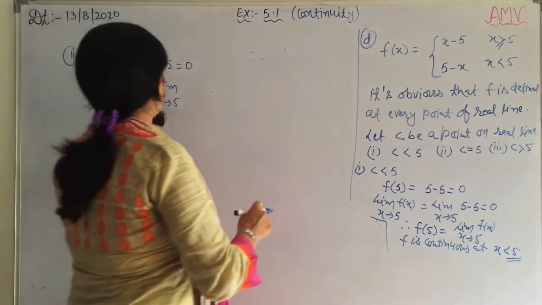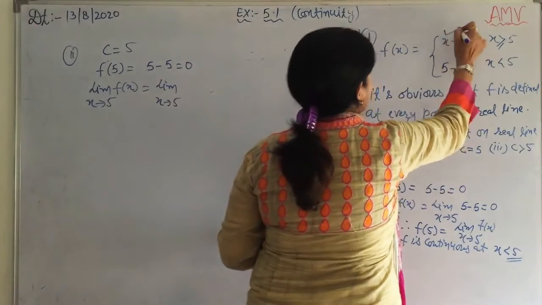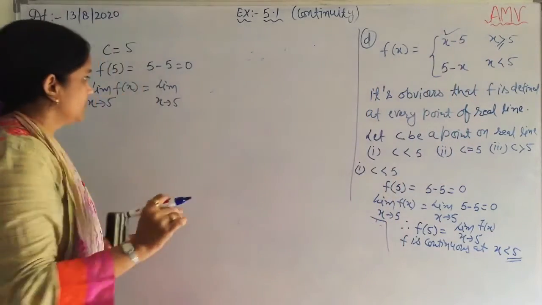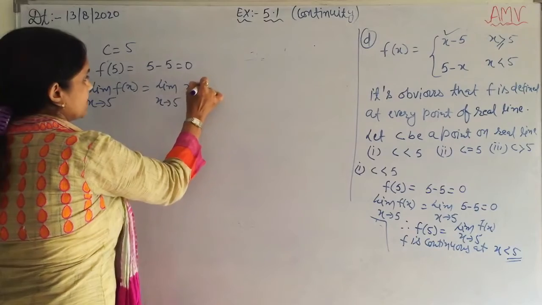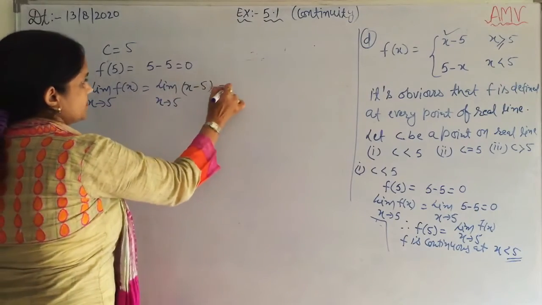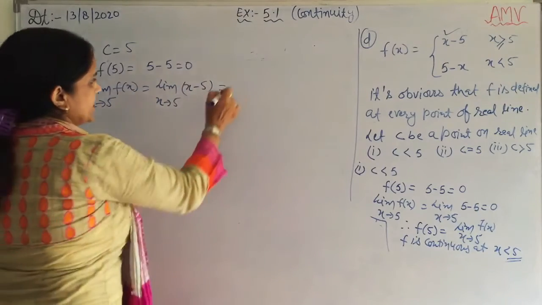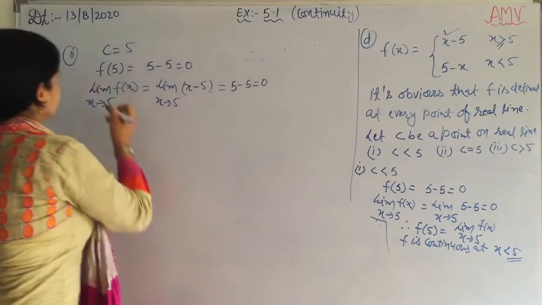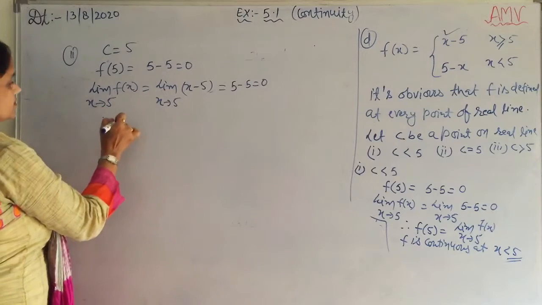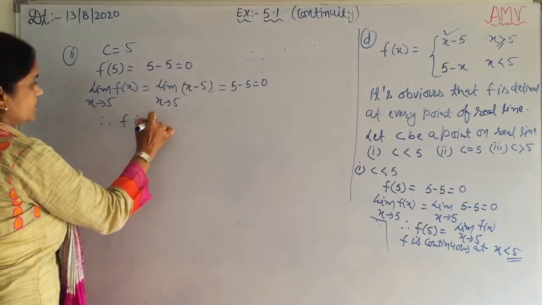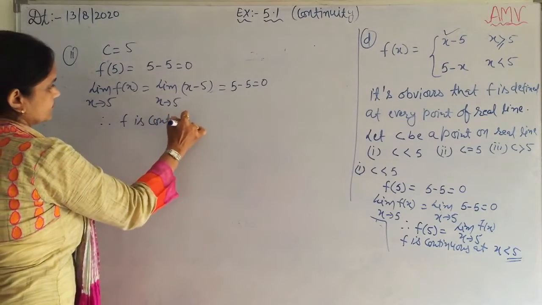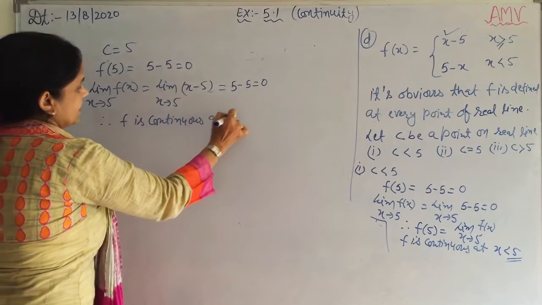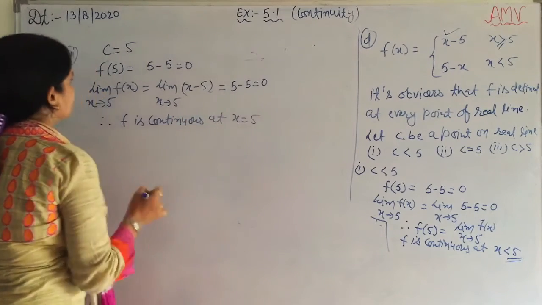Now for c equal to 5, you have to take this function x minus 5. Substitute 5 in place of x, so it's also 0. So you can say that the function is continuous at x is equal to 5.